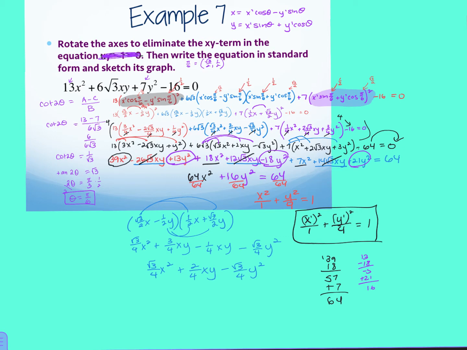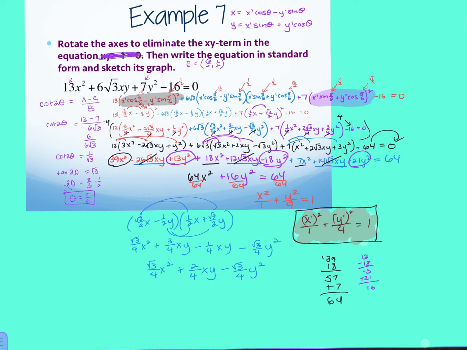We used the shortcut for the squares, and then we ended up getting it in standard form, which is the circled part on the bottom, which is x prime squared over 1. You don't need the over 1. Just remember that would make whatever that denominator is the 1. And then y prime squared over 4 equals 1.